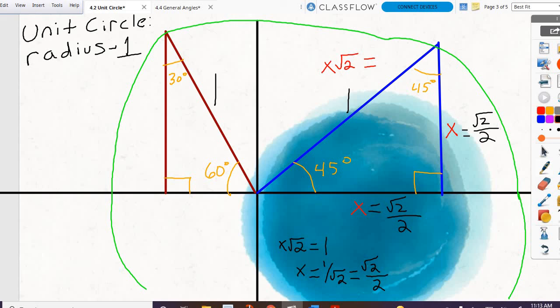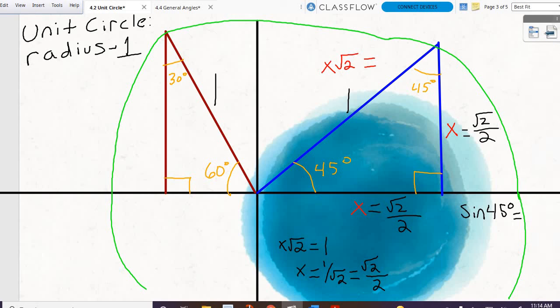So, if I'm looking for the sine of 45 degrees, what is sine? Opposite over hypotenuse. Well, what is my hypotenuse? 1. So if I take anything and divide it by 1, what's it going to be?